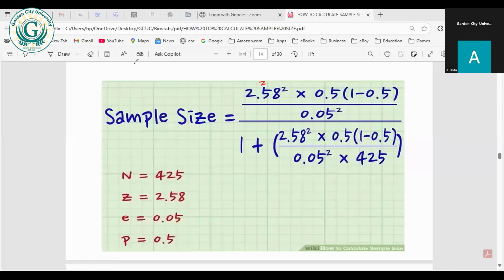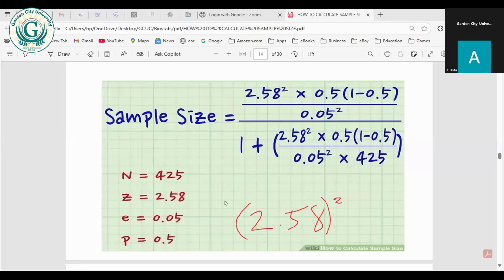If you are typing on your calculator, don't type 2.58 square like this, because the system is likely to square only the 8 and ignore the others. You need to put everything in brackets, then you get your answer.